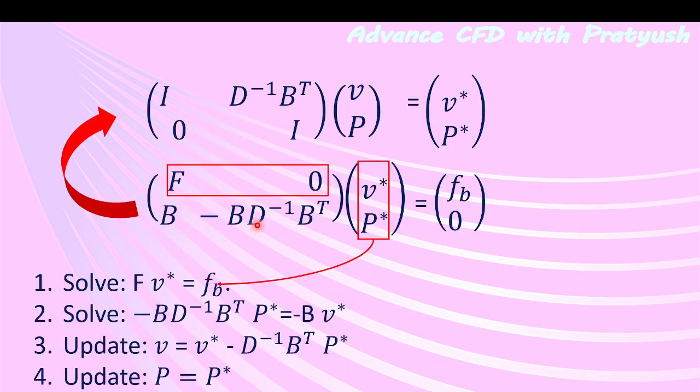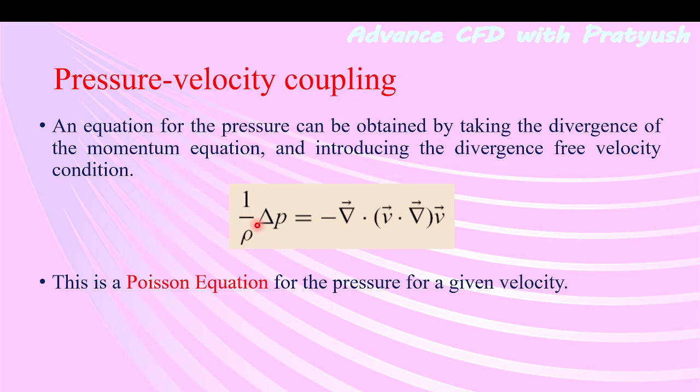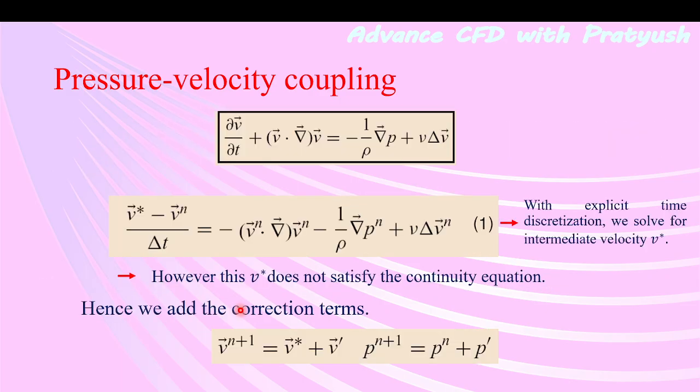This derivation we are following only for the steady state, so the transient term is not written here. If we take the divergence of the momentum equation, we come up with this equation, which is sometimes known as the Poisson equation for the pressure for a given velocity. Now the discretized form of the equation we have already written here.